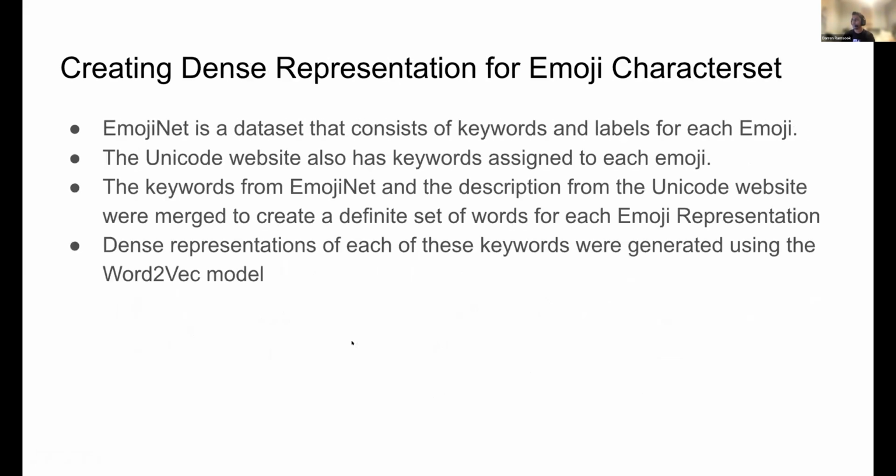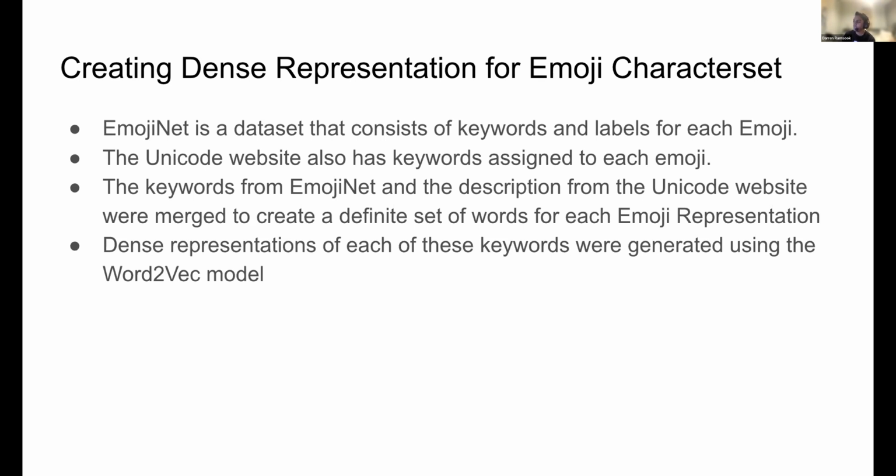So given that we have numerical representations for our tokens, now we want to match those tokens to something to do with emojis. So EmojiNet is a data set that consists of keywords and labels for each emoji. The Unicode website also has keywords assigned for each emoji. So we combine the keywords from EmojiNet and the descriptions from the Unicode website to create a definite set of words for each emoji.